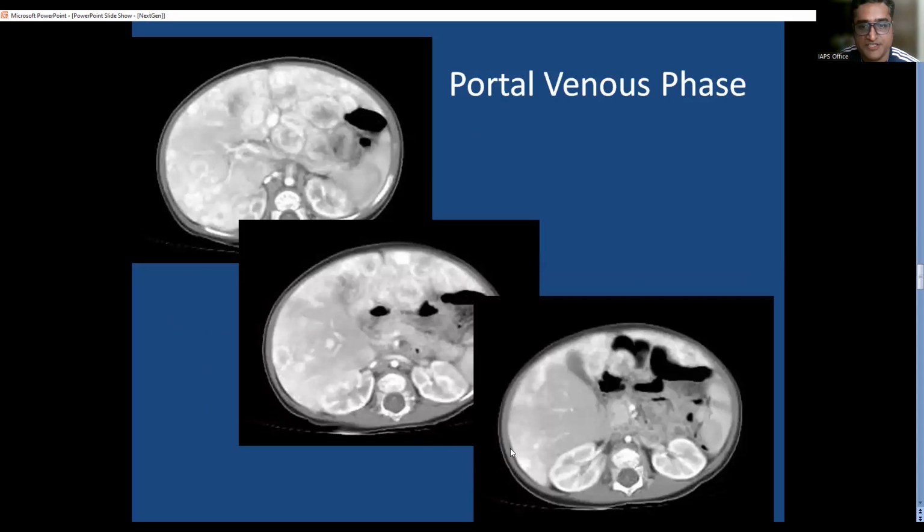Now, this is the same patient, 3 different sections in the portal venous phase. Identify the diagnosis and explain it.